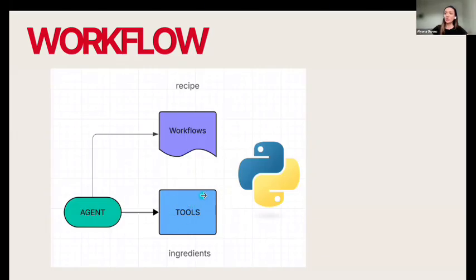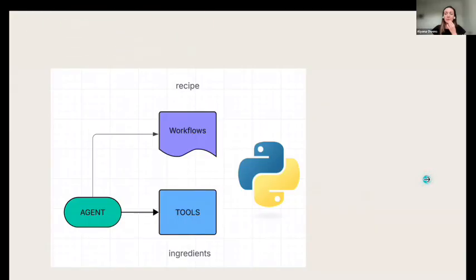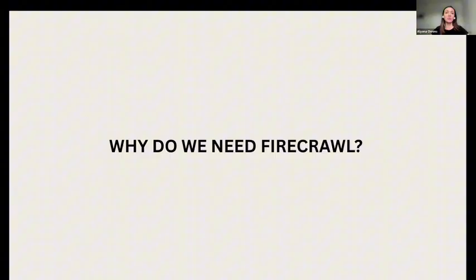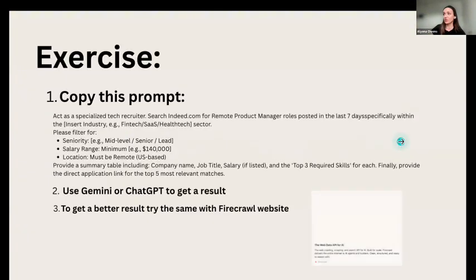Tools are going to be your ingredients. Those are the tools that we have set up, which is Claude, Python, but you don't even need to code for that. And then we set up VS Code, and we stopped on Firecrawl. It helps you scrape data from different websites. Let's do a little exercise so you can feel the difference.